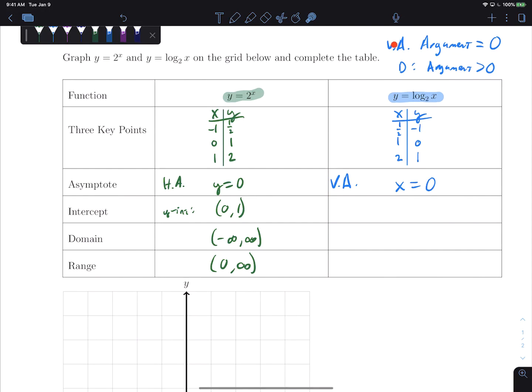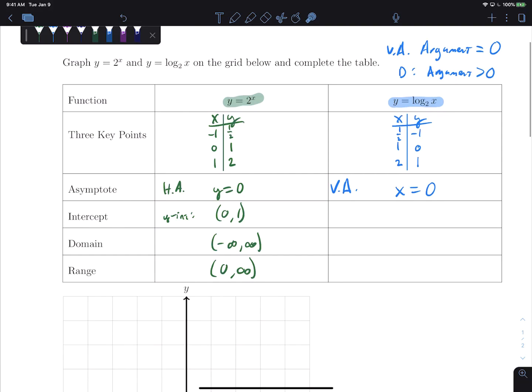Good deal. And this time when we look at that middle coordinate, (1, 0), that's actually an x-intercept. That makes sense because if you have a y-intercept, the y becomes an x. So we have an x-intercept of (1, 0).